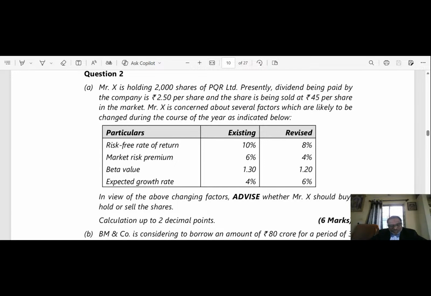10 minus 6 is 4, 4 from 10 is 6. Oh, expected rate of return is given. Expected growth rate, this is 10 minus 4, 6. Market risk premium, this is 6%. 4 growth rate. 10 minus 4 is equal to 6. 8 minus 6 is equal to then.